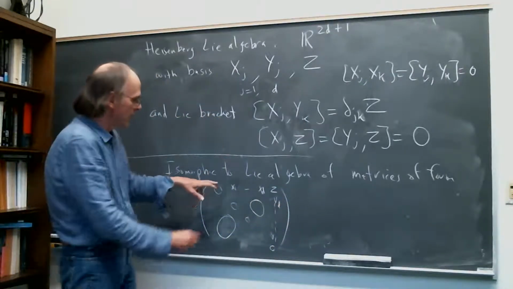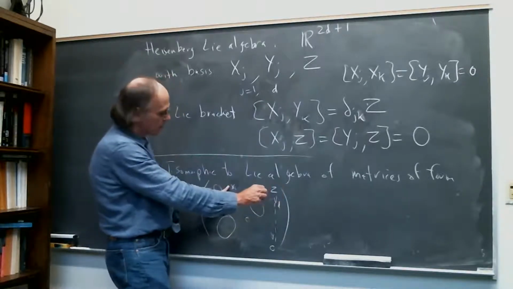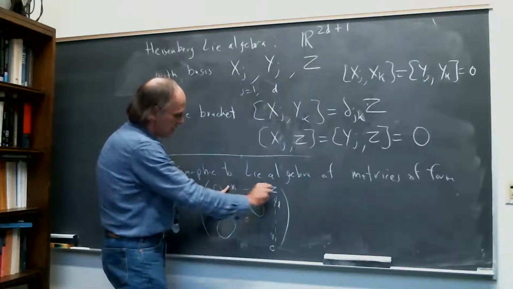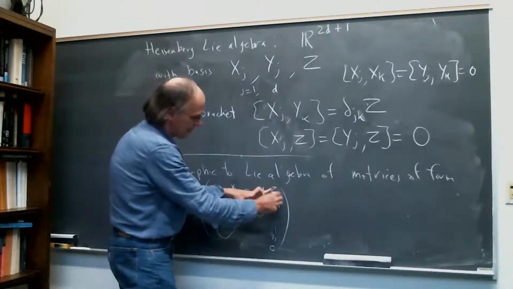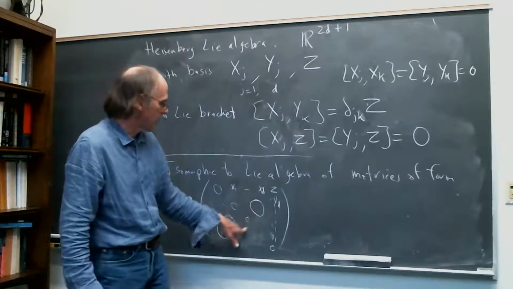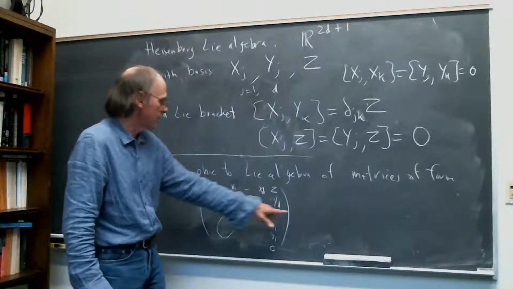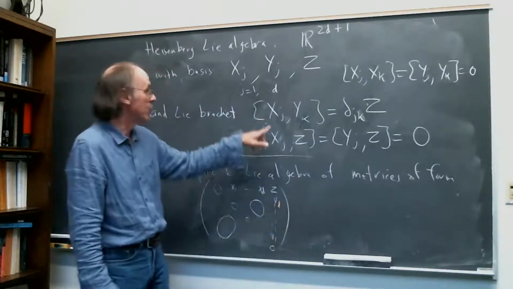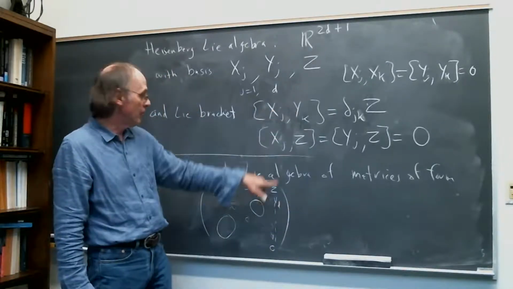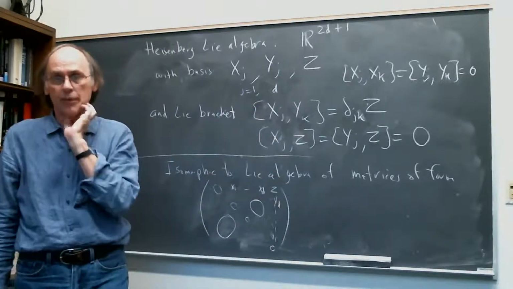So if you have matrices that are 0 everywhere except this part of the first row and this part of the last column, you can check that if you take the commutator of any two such matrices, you'll get the same commutation relations you would if you expressed everything in terms of basis elements and used these relations.